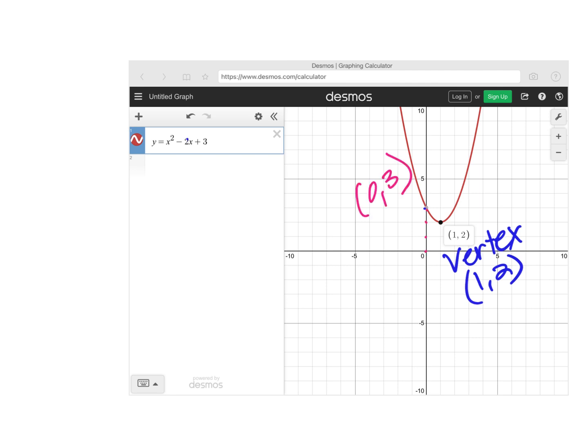You can also see that the axis of symmetry is here, where x equals 1. So there's a lot of different things that we are going to be using and learning from a graph of a quadratic.